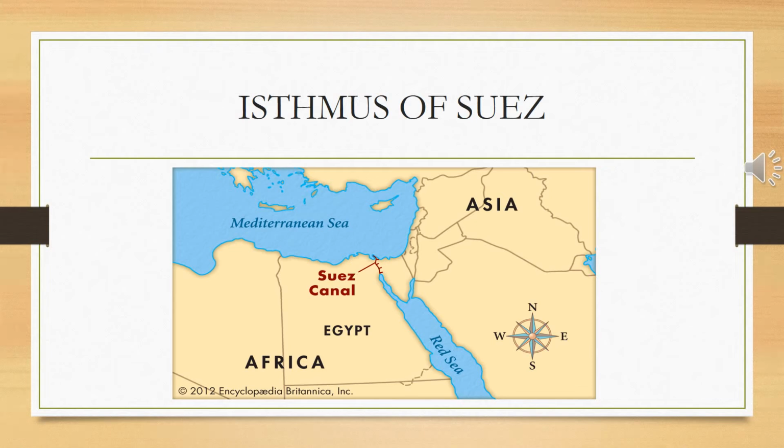This canal has much significance as the steamers or big boats or the ships can go directly from Mediterranean Sea to Red Sea. It decreases the distance between the continent of Europe and Asia.